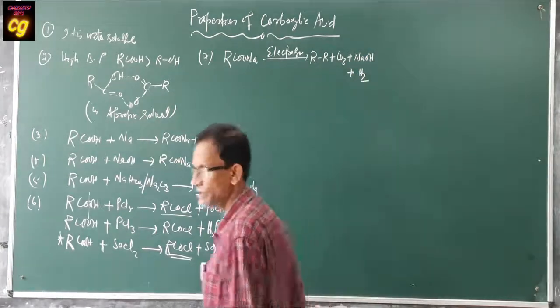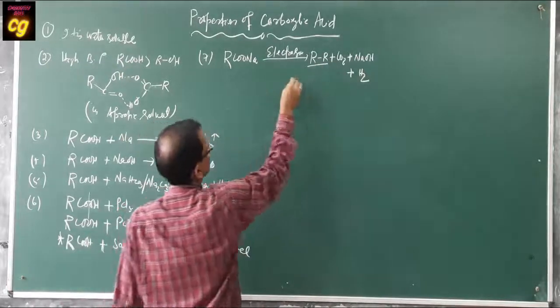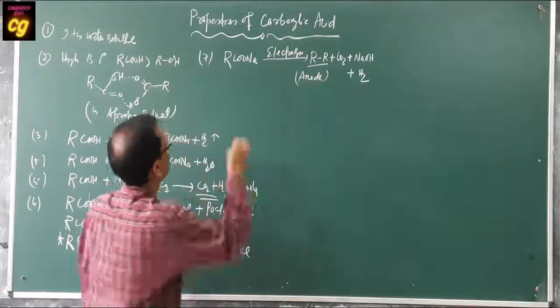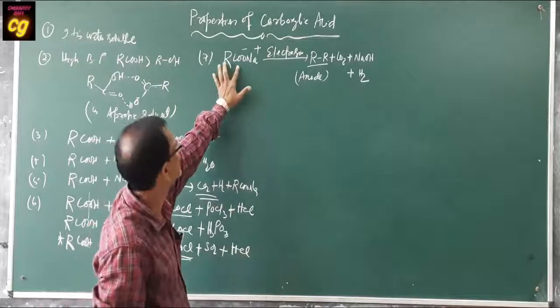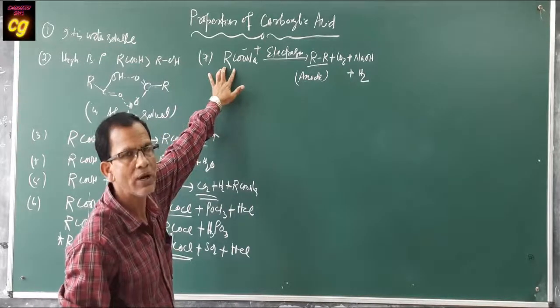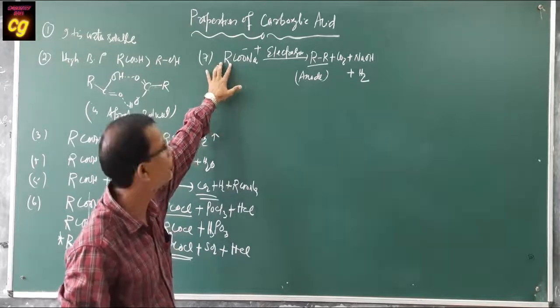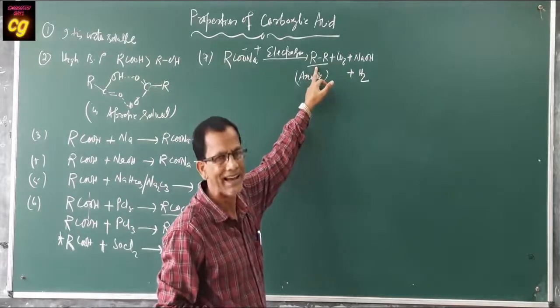This is a very important reaction, and where is this alkane produced? At the anode. There is one question: if you see RCOO minus and Na plus, during electrolysis the anion goes to the anode, not the cathode. Anion goes to anode, and so it undergoes formation of alkane.